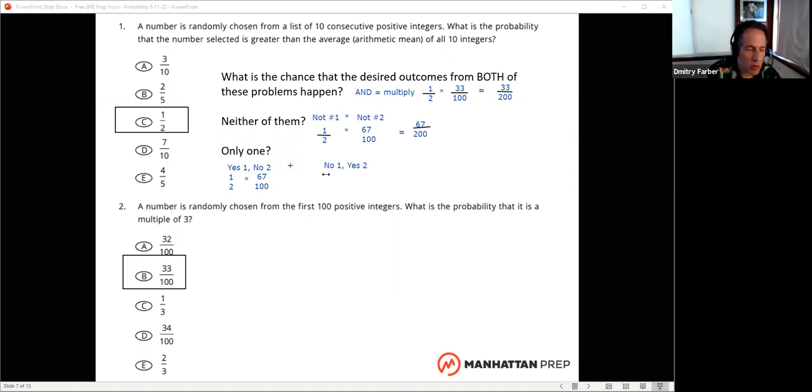The chance of no on 1 is still 1/2, but the chance of yes on 2 instead of 67 is only 33. So if we put these together, we're going to have 67 over 200 plus 33 over 200. So before I proceed, just want to know if you have questions about this part.